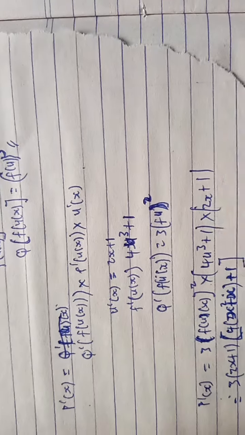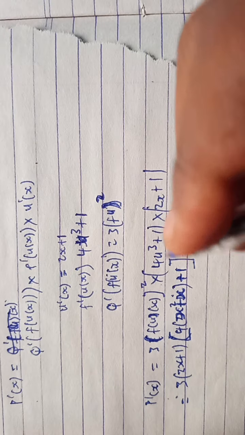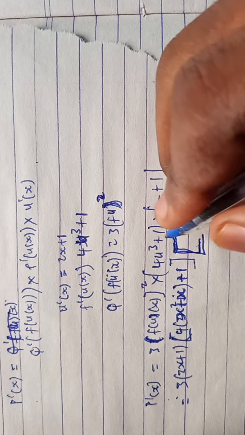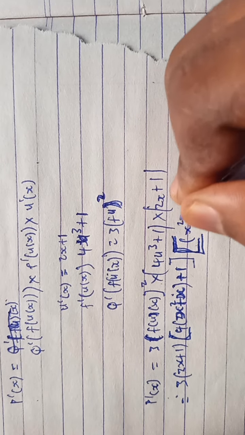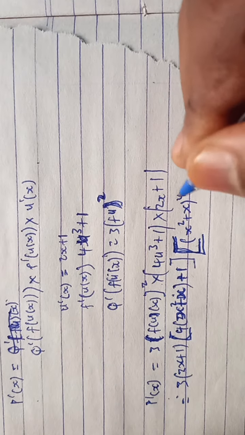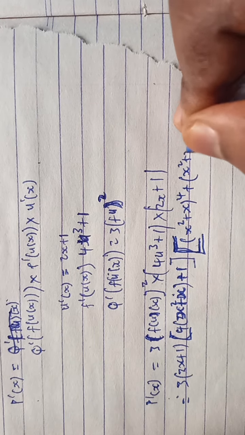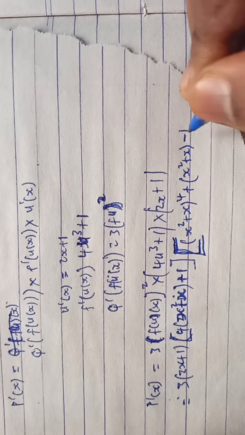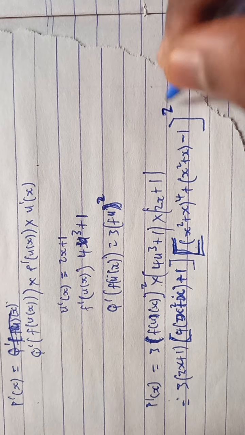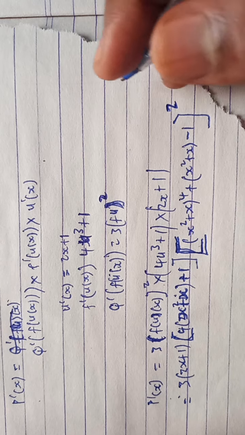So we'll now have it multiplying by square bracket open, x squared plus x, bracket close, power 4, plus bracket open, x squared plus x, bracket close, minus 1, then square bracket close, power 2. So guys, we have differentiated it like that.